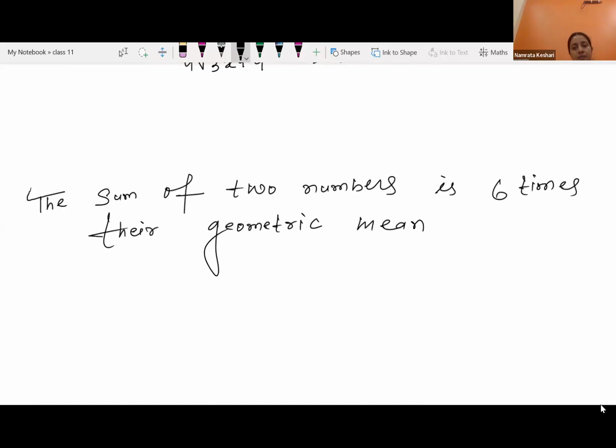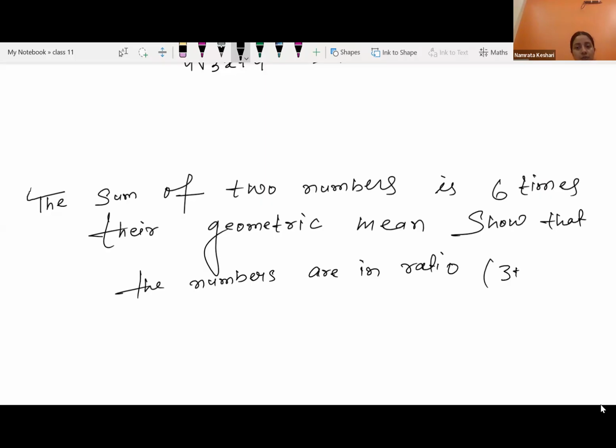Show that the numbers are in ratio 3 plus 2 root 2 to 3 minus 2 root 2.